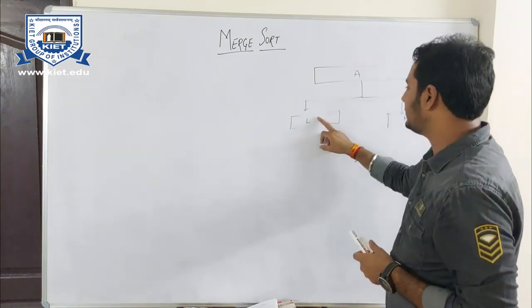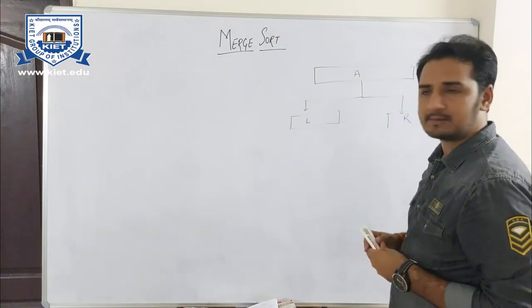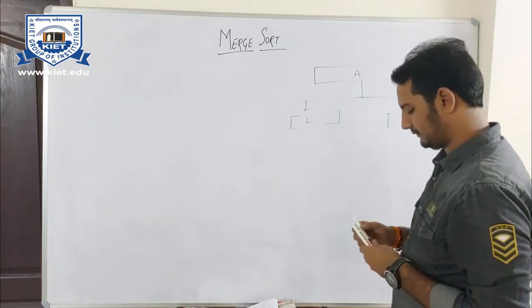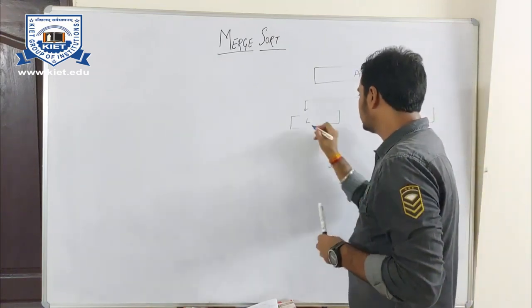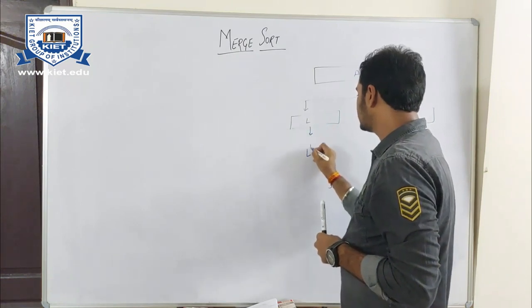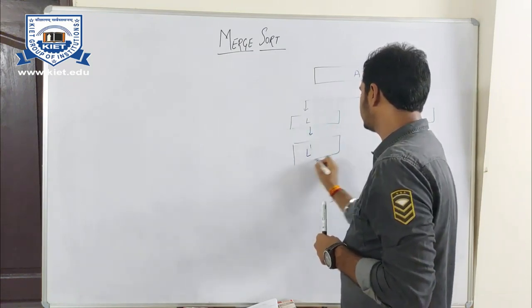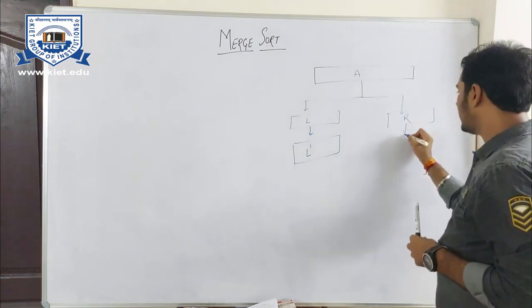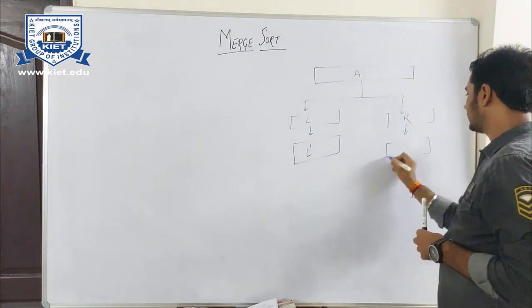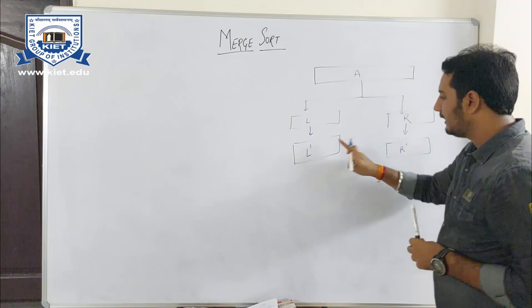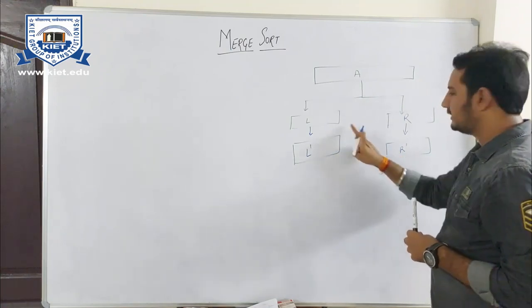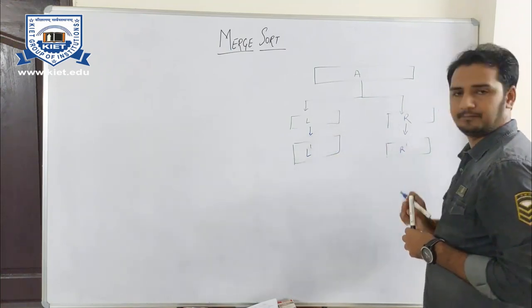We will follow a recursive process to sort this left part and right part. Suppose after sorting, this L becomes L dash and this R becomes R dash. This L dash and R dash are sorted versions of L and R.